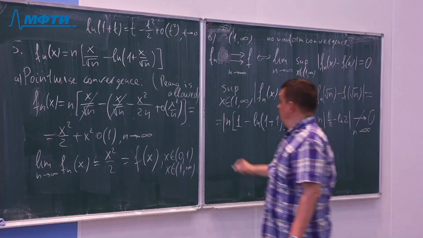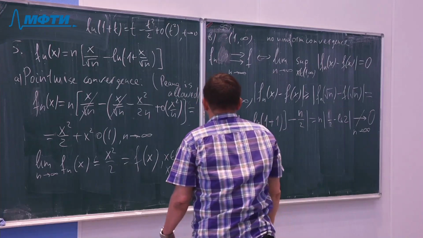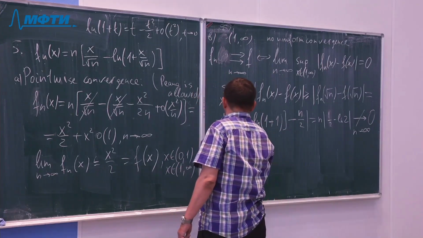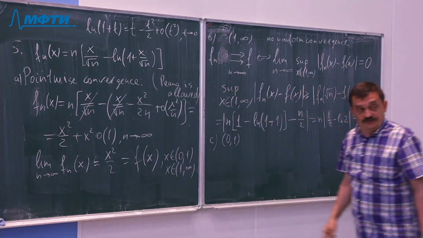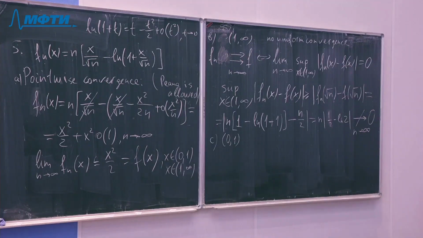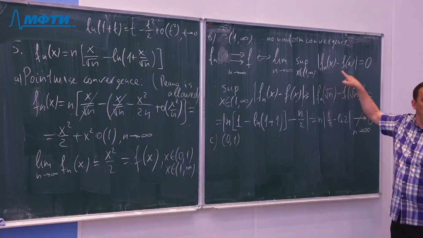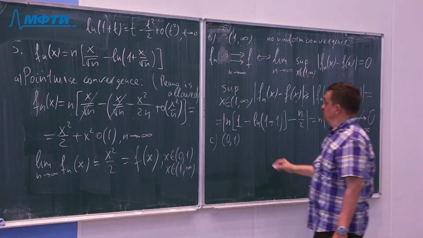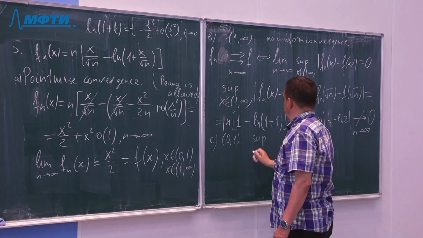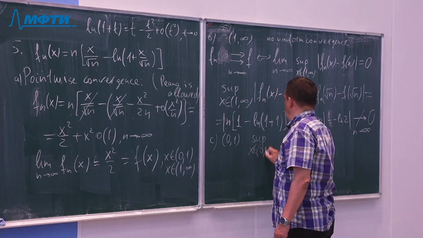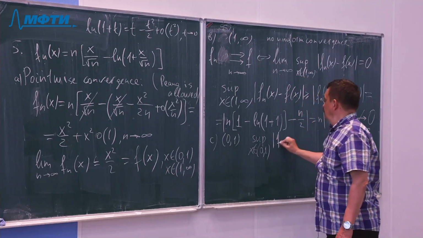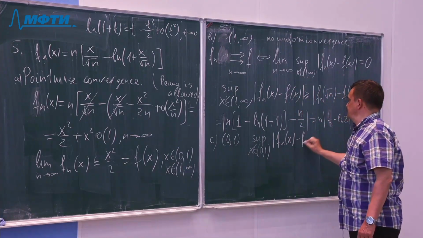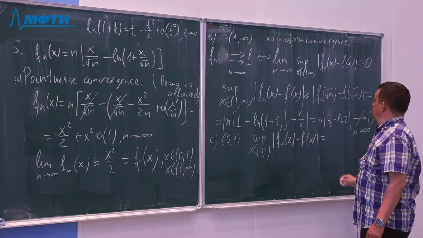Okay, now part C. For the interval 0, 1, we'll prove uniform convergence, so we need to consider this supremum, right? So what about the supremum for x in 0, 1 of |f_n of x minus f of x|?